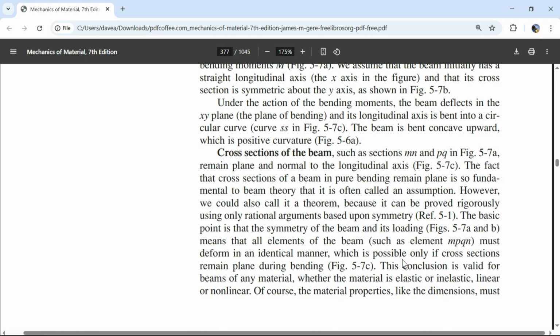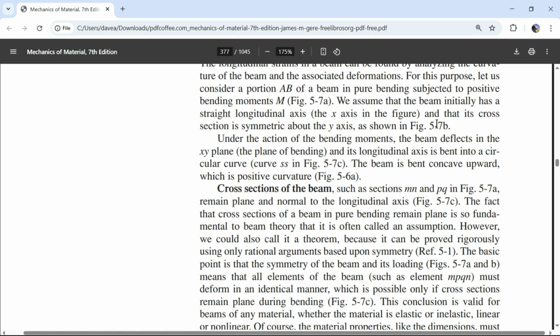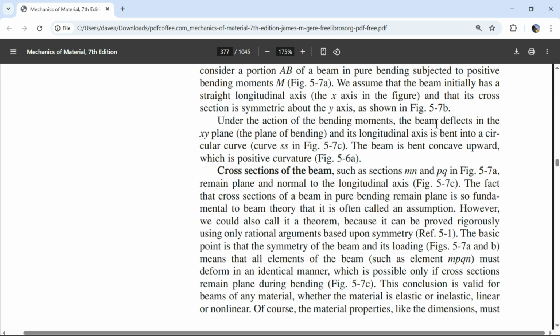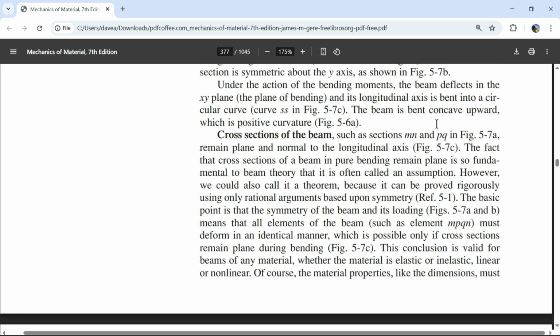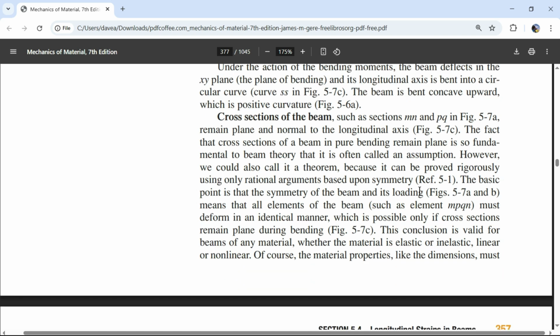Even just reading textbooks, that's what I've been working on, is just halfway memorizing, because it says the basic point is the symmetry of the beam and its loading means that all elements of the beam, such as the element, and so now we were talking about the cross-section MN and then PQ.